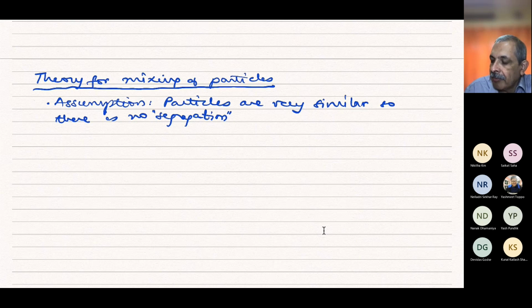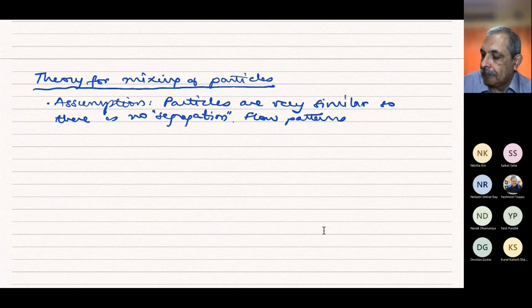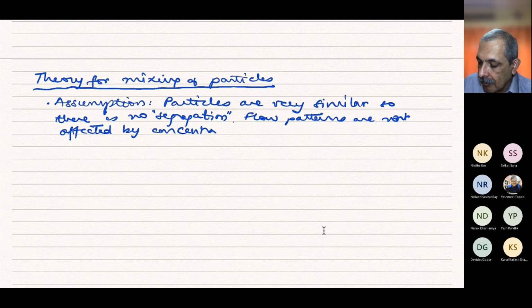That means particles don't separate out while they're mixing. And let's say the flow patterns are not affected by the concentration of the species. Okay, so these are the two things that we'll assume.